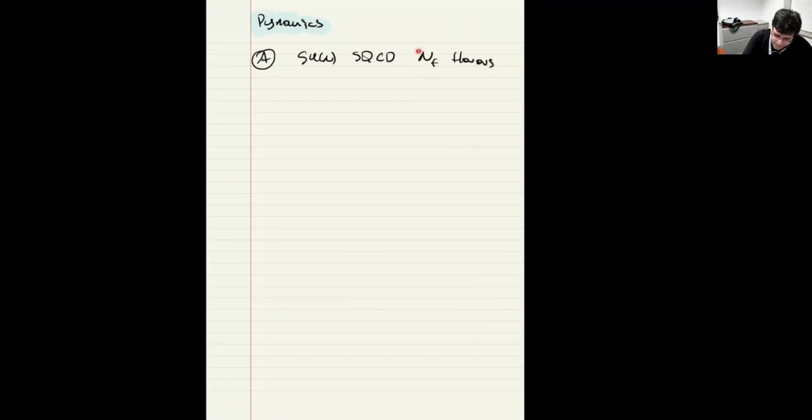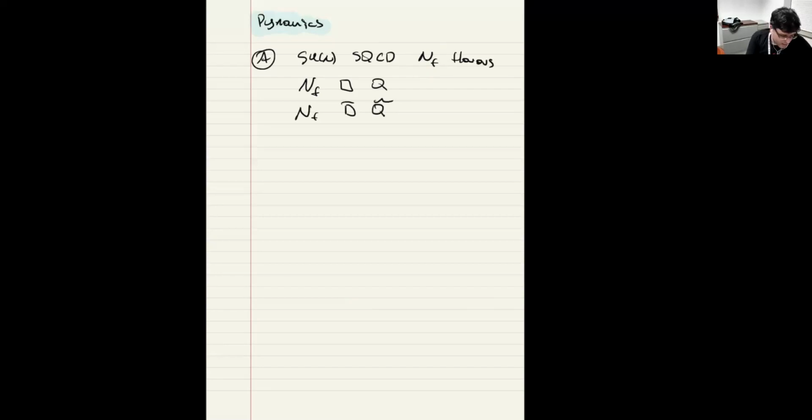Now I will take NF to be unrelated to N. It is just an additional parameter of this theory. So we have NF fundamental fields, which we'll call Q, and NF anti-fundamental fields, which we'll call Q tilde.